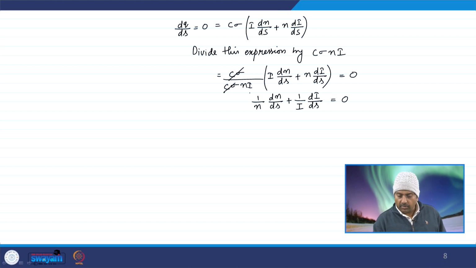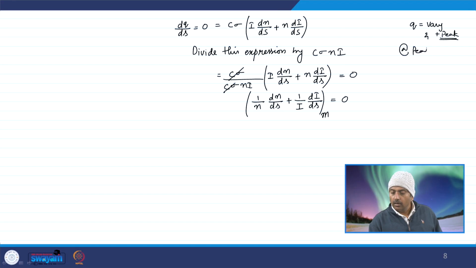So is this expression valid everywhere? No, it's not valid everywhere. It is only valid at maximum value, because you have taken Q to be varying and reaching a peak, right? So at this peak, the rate of change dq by ds becomes simply 0, because it is reaching a maximum value and then changing to the other side.